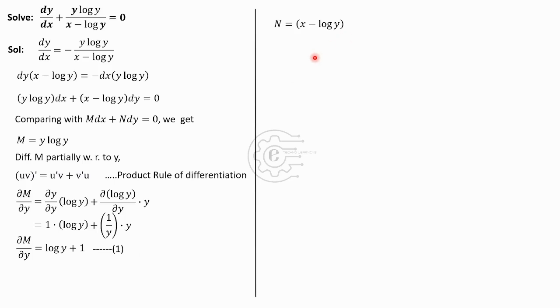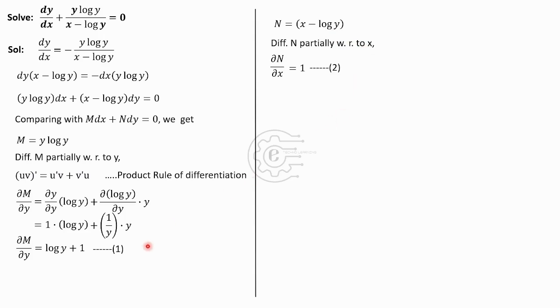Now we will differentiate this equation partially with respect to x. Therefore we write del n upon del x equal to derivative of first term, that is x, is 1 minus derivative of second term, that is log y, will be 0 because we are differentiating with respect to x. Therefore let this be equation number 2.